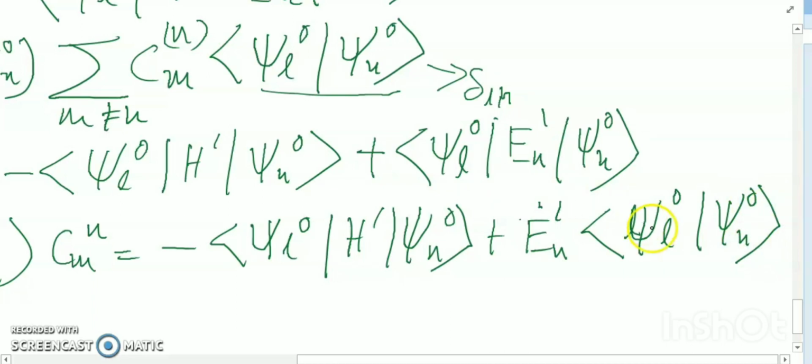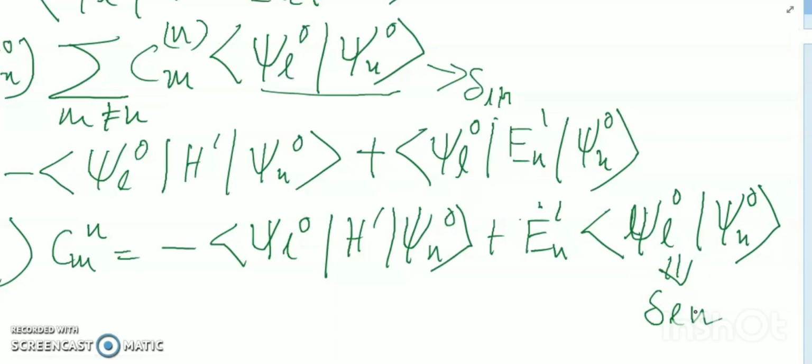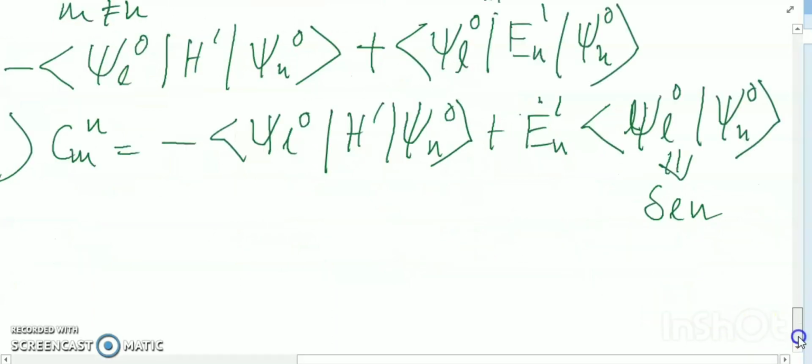This is also delta ln. Suppose l equals n: that is the case we have already considered. And l does not equal n is the other possibility, so that term is 0.